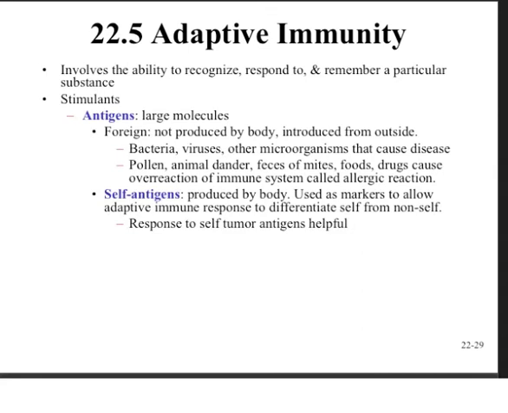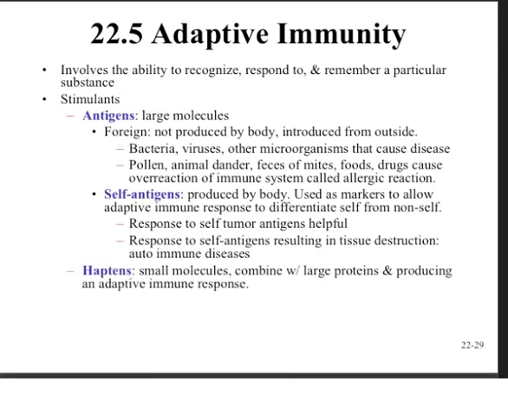The response to self-tumor antigens is an example, and the response to self-antigens resulting in tissue destruction, such as seen in autoimmune diseases, is another example of the immune system's interaction with these antigens. Haptens are tiny molecules that combine with large proteins and produce an adaptive immune response.